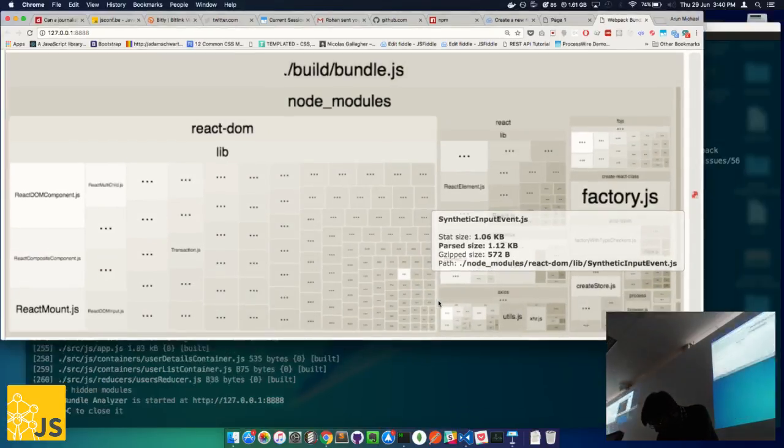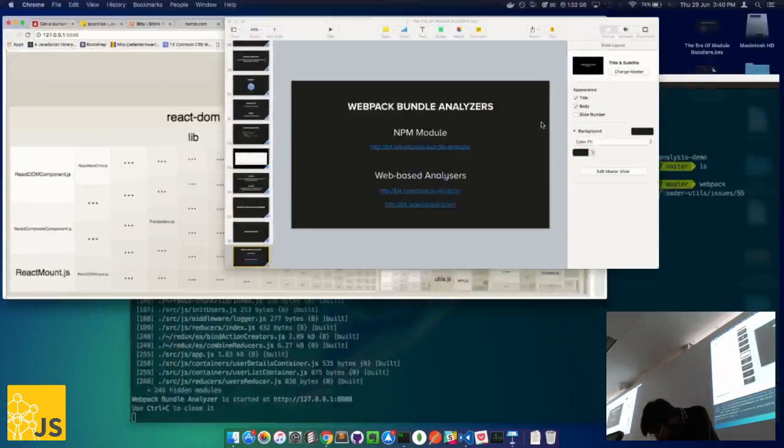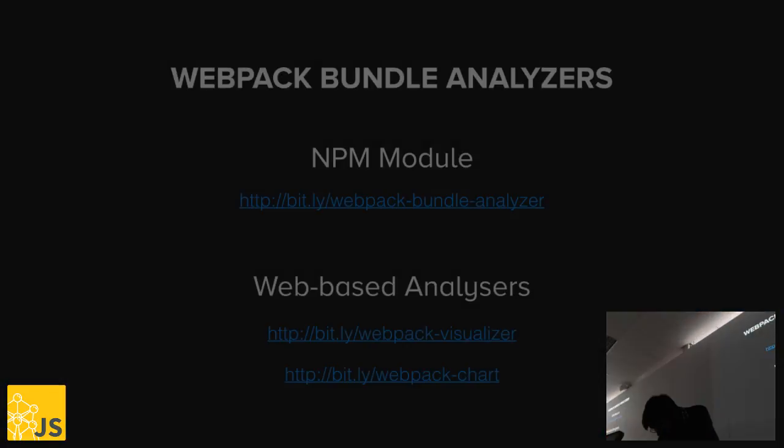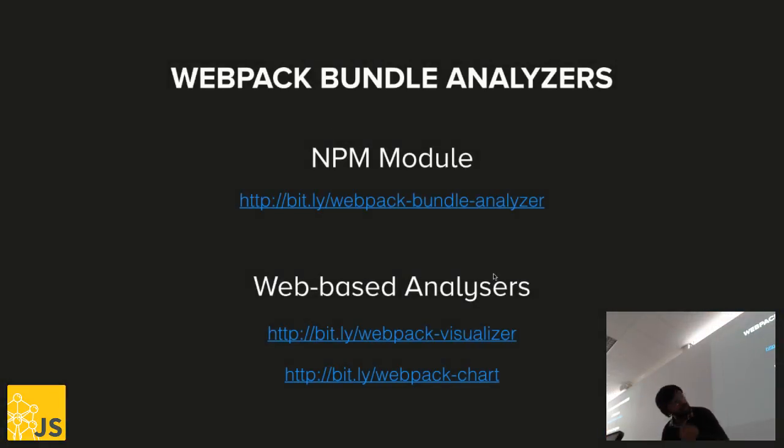There is another category of web-based analyzers that you can use. I've included the link here. These are entirely web-based analyzers. You provide a stats file to the analyzer, and it'll show you a nice dependency graph and show you what all modules are present in your bundle.